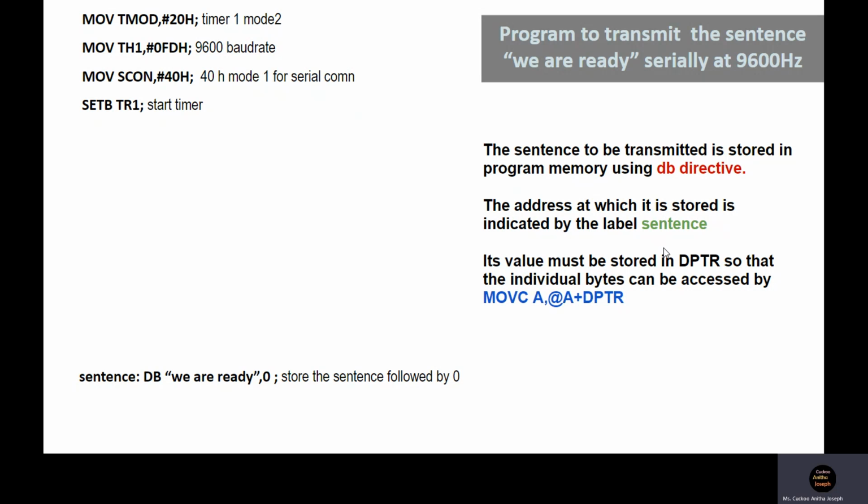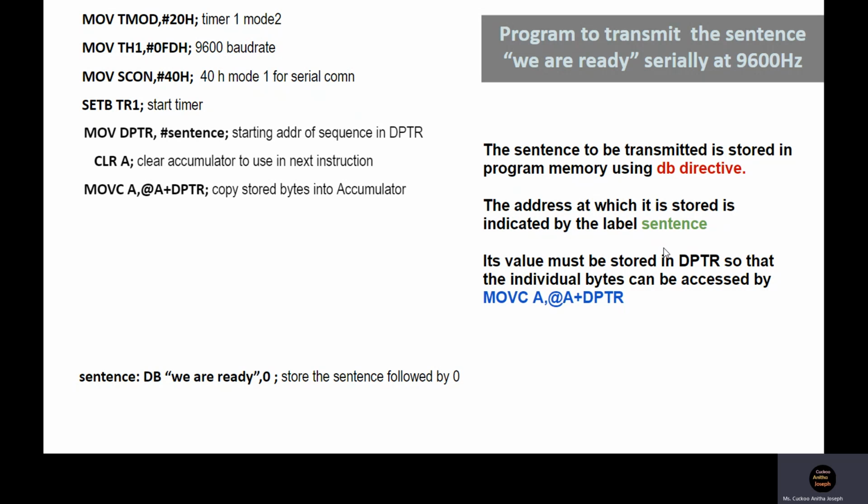So the instruction to do that will be MOV DPTR, #sentence. Sentence will represent an actual address like 3000H. What the assembler does when it converts this program into machine code is that instead of this label, it will replace the actual address 3000H.